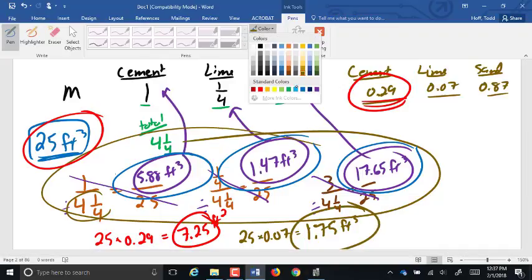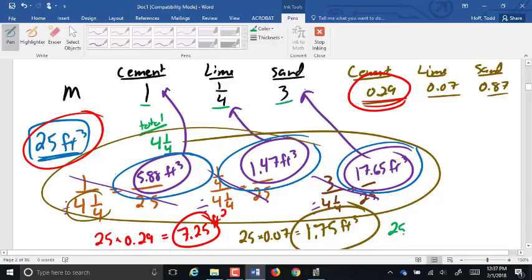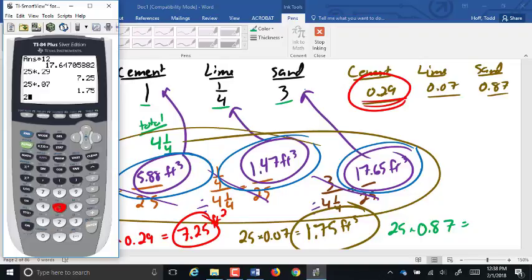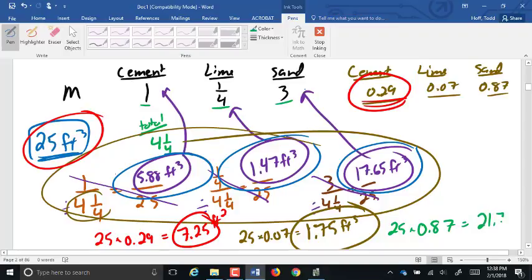And then for the sand, we take the 25 cubic feet times 0.87, which is going to give us 21.75 cubic feet.